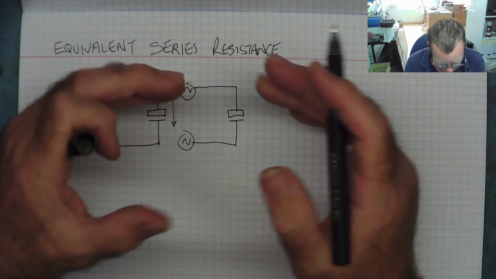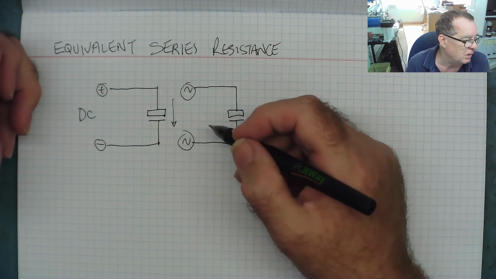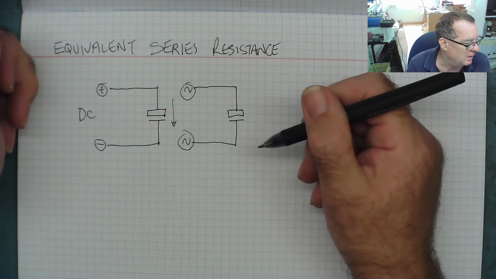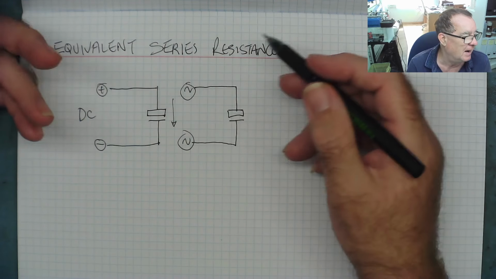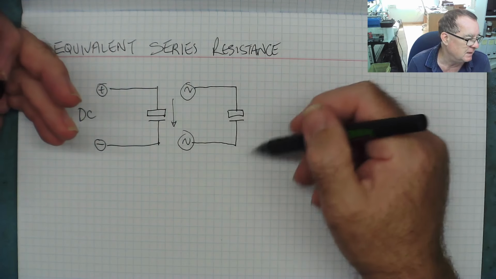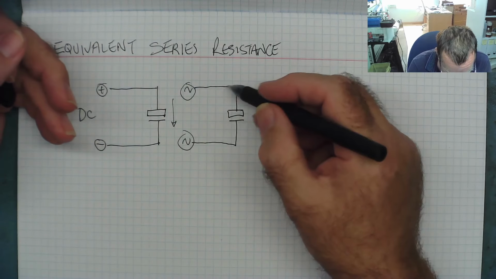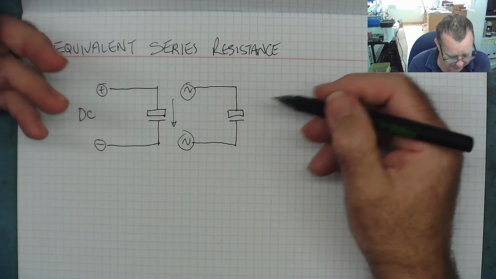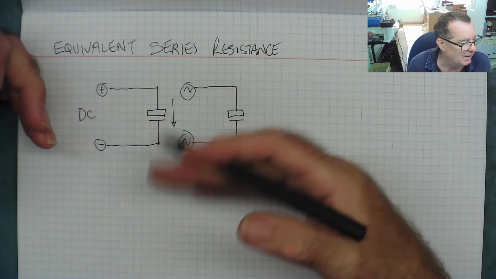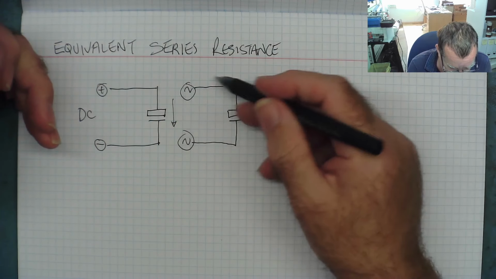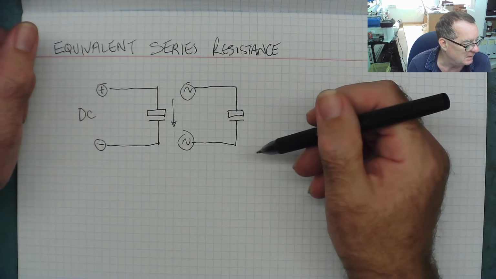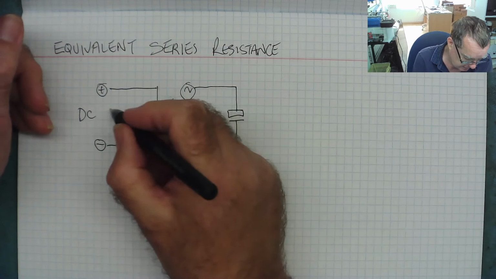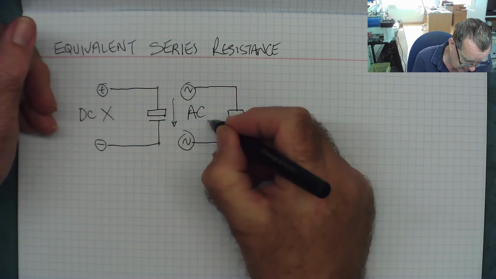The amount of current it will pass depends on the frequency of the AC. The higher the frequency, generally speaking, the higher the current, and also the value of the capacitor. Generally speaking, the higher the capacitance, the higher the current. So that's what a capacitor does. It passes AC, it blocks DC. So DC blocked, AC, yes.